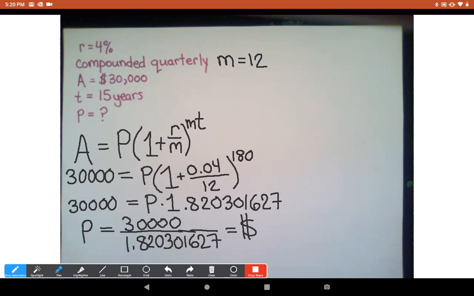I'm getting that we need to deposit $16,480 and 79 cents in order to have $30,000 in the bank. That's pretty decent. We nearly double our money if we do that. I like that. I like doubling our money and having $30,000 for retirement.